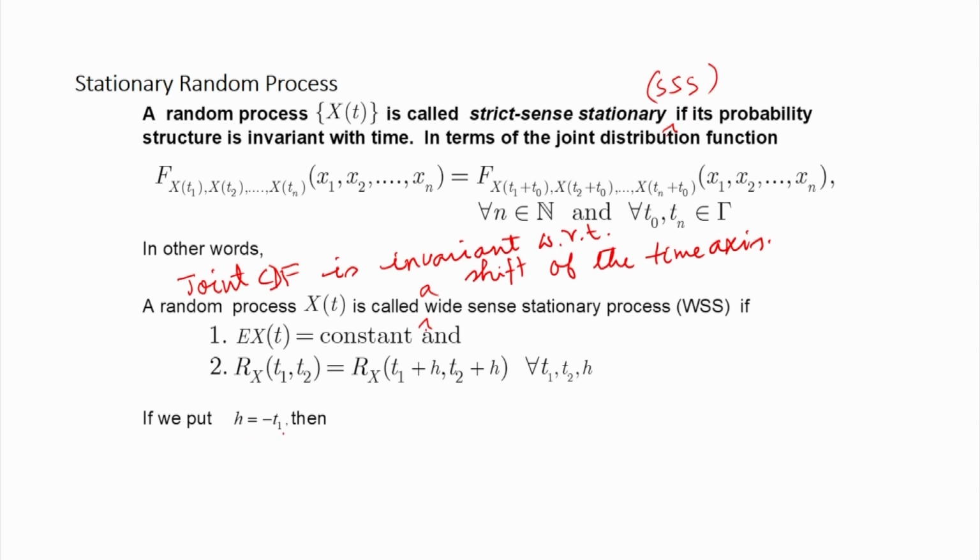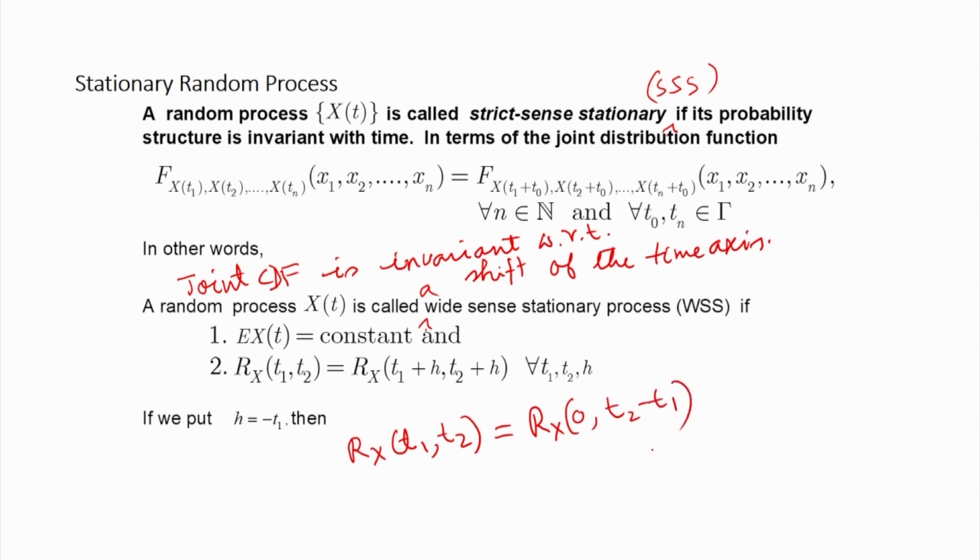So, if I put h equal to minus t1, what we will have is that Rx(t1, t2) is equal to Rx(0, t2 minus t1).